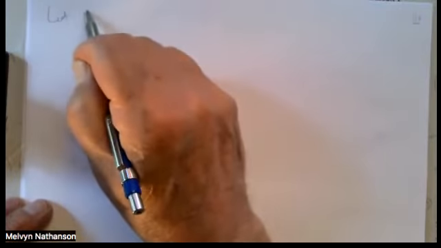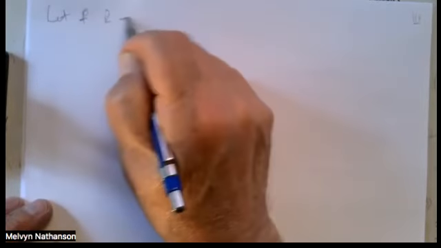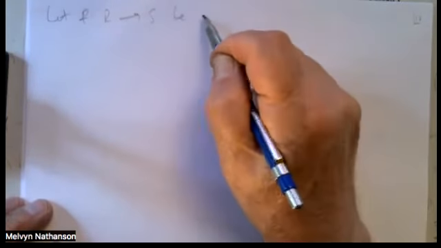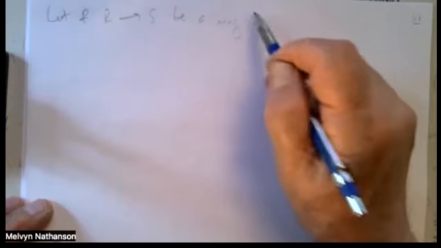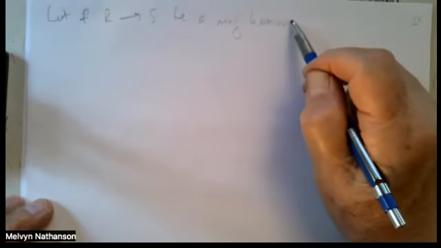So let's define the kernel and the image of a homomorphism. So let F from R to S be a ring homomorphism.